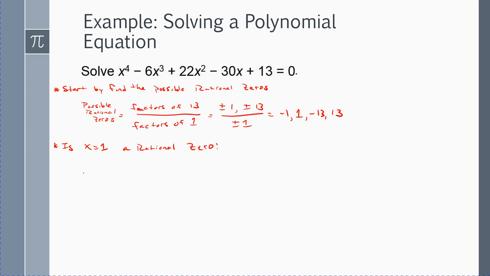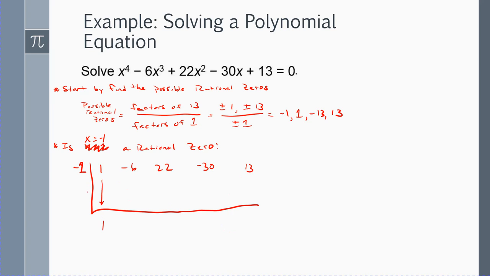Well, actually, let me start with negative 1. That'll actually help us later on in the problem. So I'm going to put negative 1 here, and I'm going to put the coefficients 1, negative 6, 22, minus 30, 13.